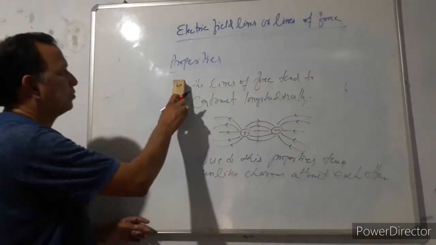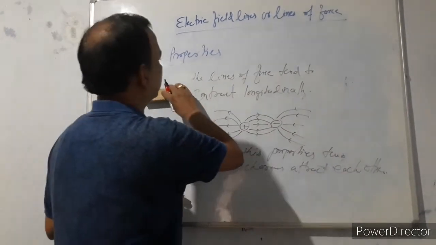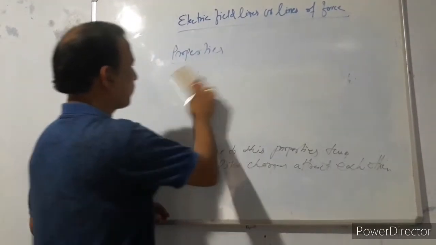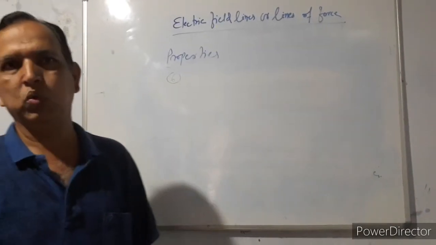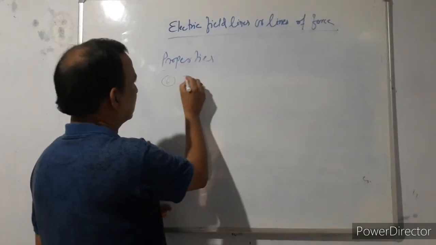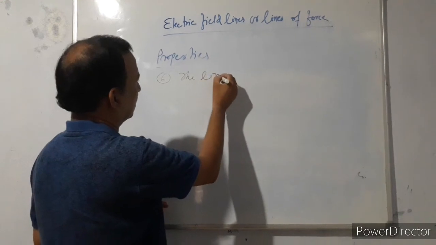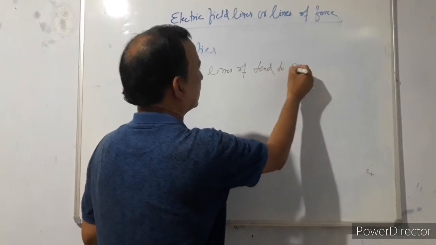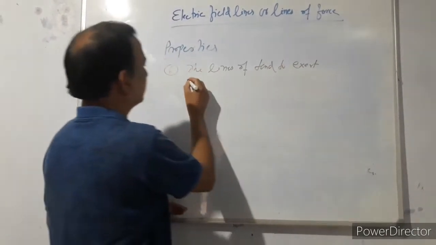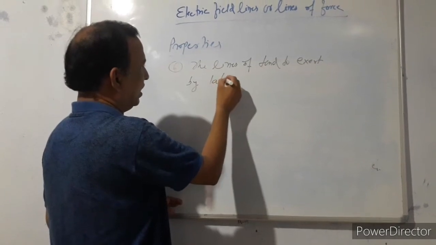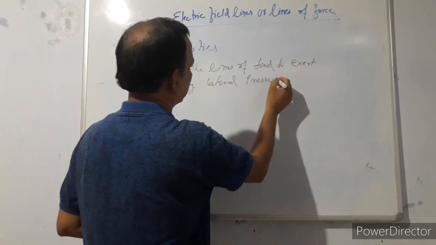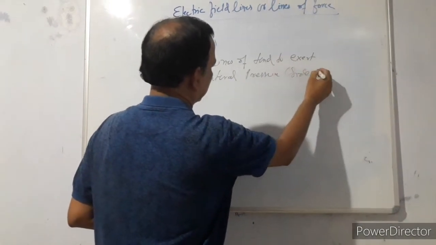Number 6. The lines of force tend to exert lateral pressure, that is, sideways pressure.